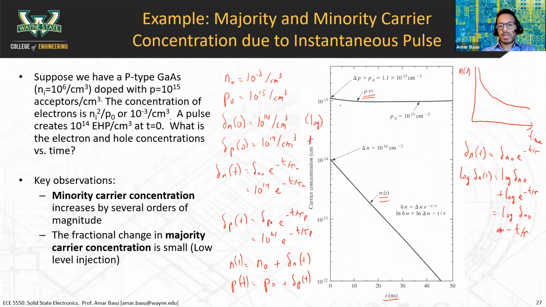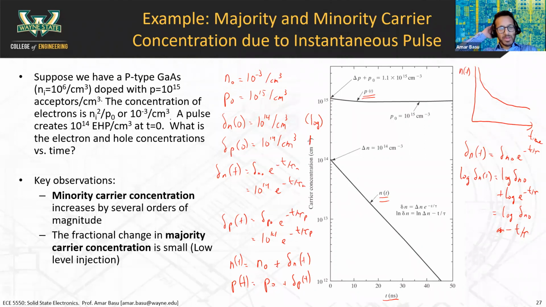So what you end up with is a plot that looks like this instead. It's a little bit larger at the beginning. Sigma p is 10 to the 14th and P0 is 10 to the 15th, so you get 1.1 times 10 to the 15th, and then it decays down to 10 to the 15th. P0 is equal to 10 to the 15th, and this term becomes insignificant compared to this one.